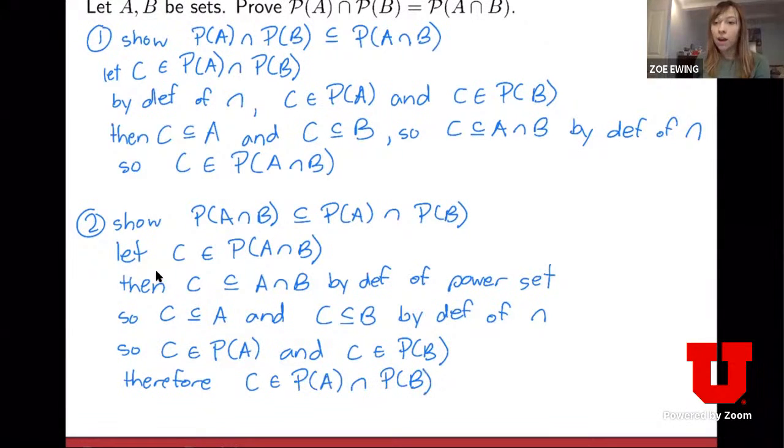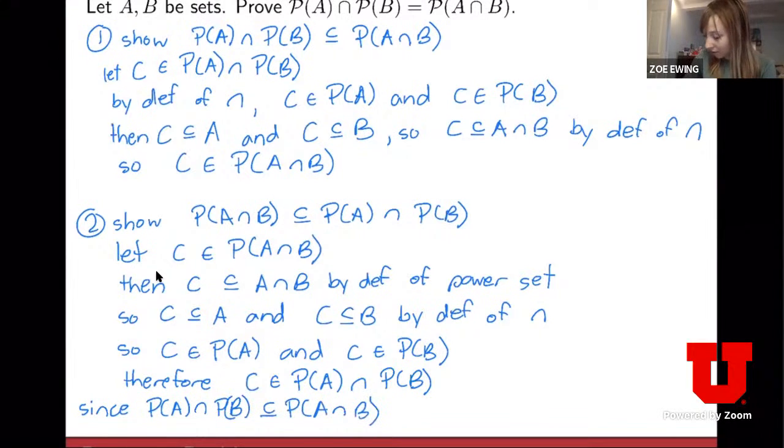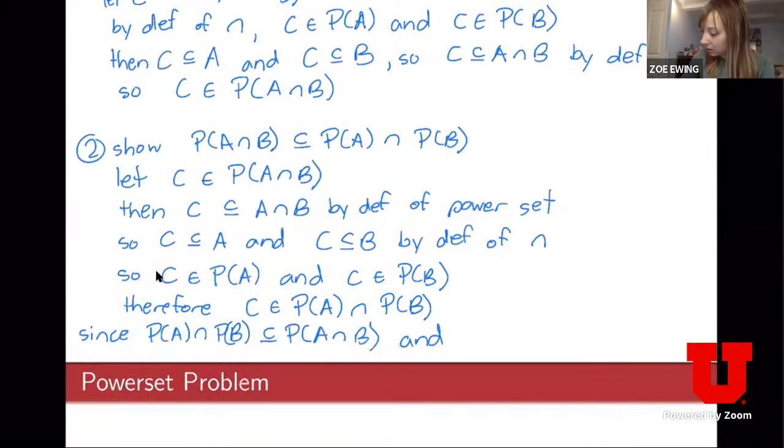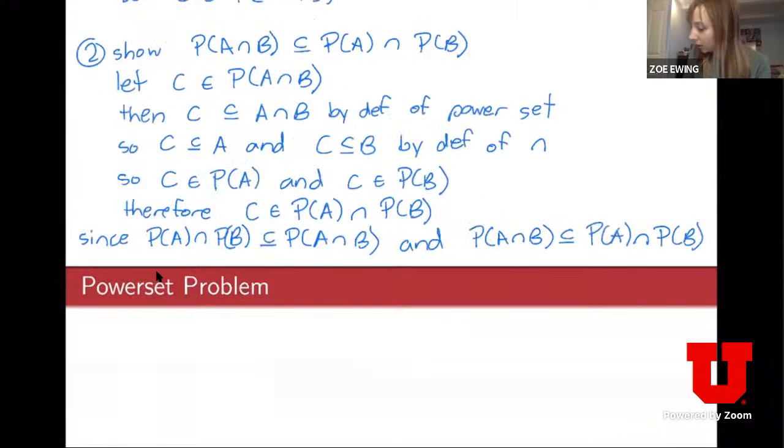All right, and then again, we have our final conclusion statement. So we can say, since this is going to be a long conclusion, since the power set of A intersect with the power set of B is a subset of the power set of A intersect with B, and the power set of A intersect with B is a subset of the power set of A intersect with the power set of B. I'm just going to move this all down because I don't have enough space.